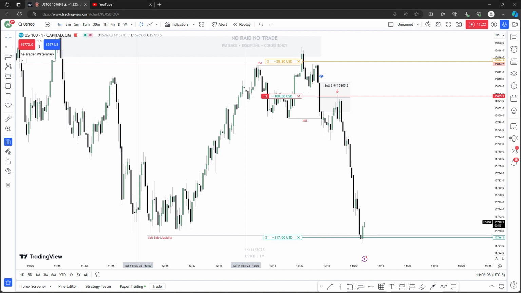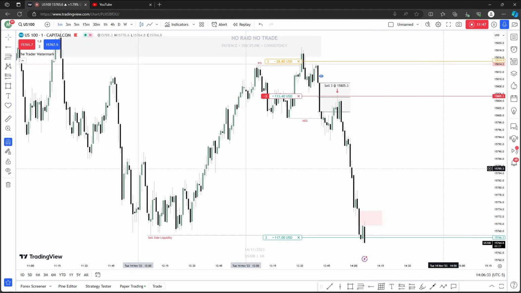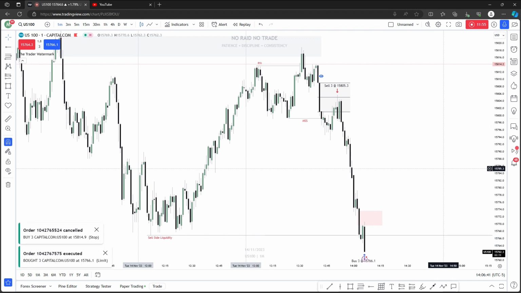So let me just mark out that fair value gap so you guys can see right there. And you can see, yeah, to the T.